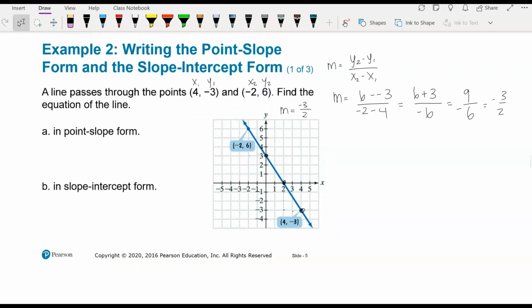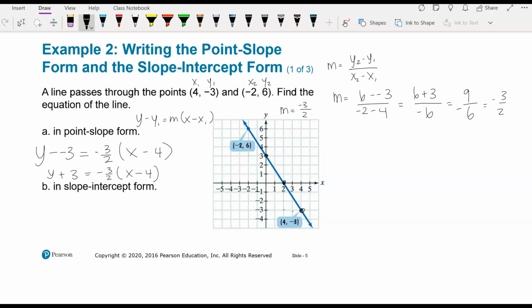All right. The point-slope form equals y minus y1 equals m times x minus x1. So y minus a -3 equals our slope times x minus 4. So it'd be y plus 3 equals -3/2 times x minus 4.